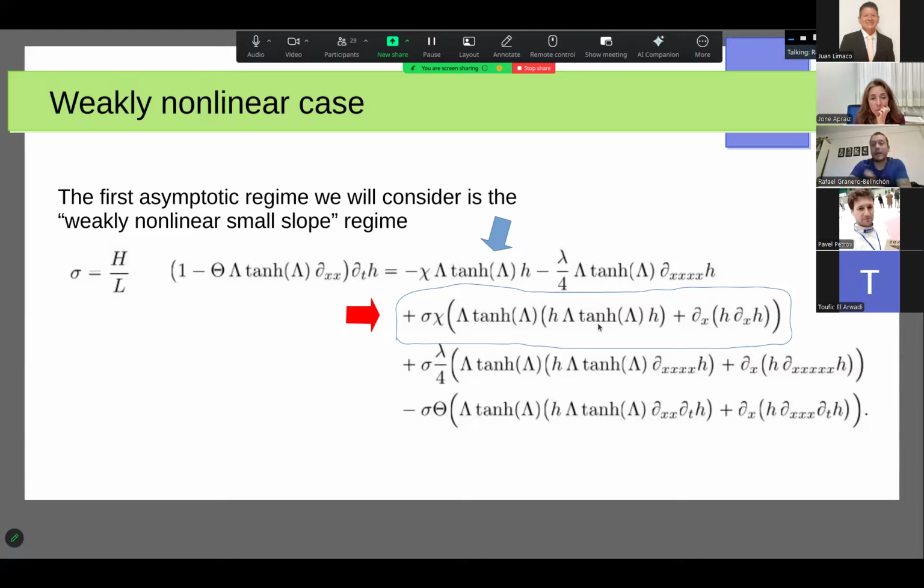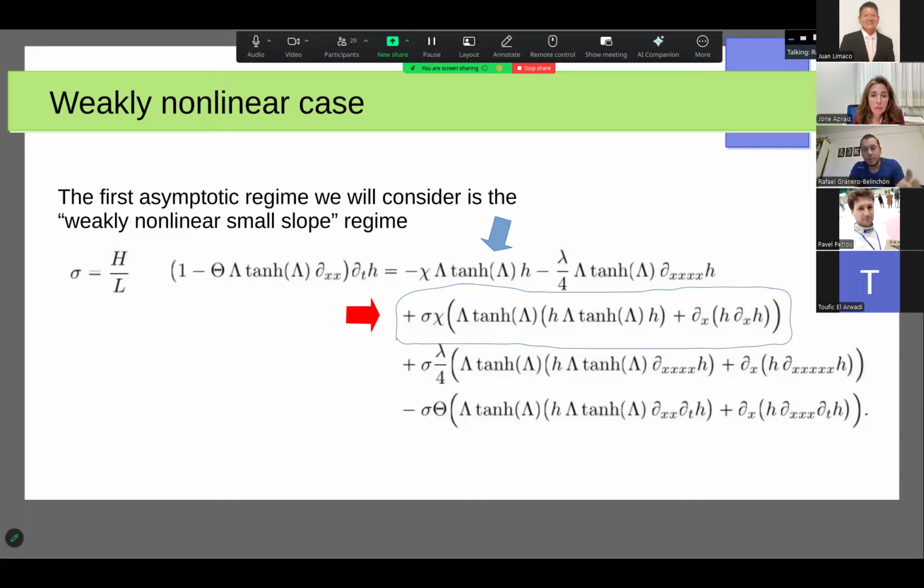Roughly speaking, the way I think about this equation is that we expect a parabolic behavior for this guy, because the idea is that we can invert this third order elliptic operator.